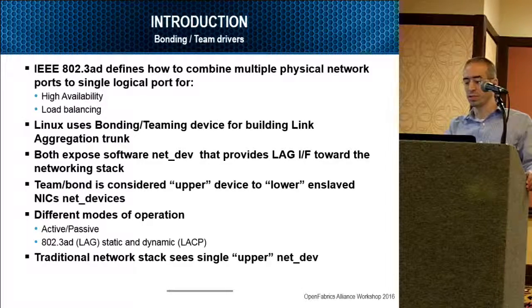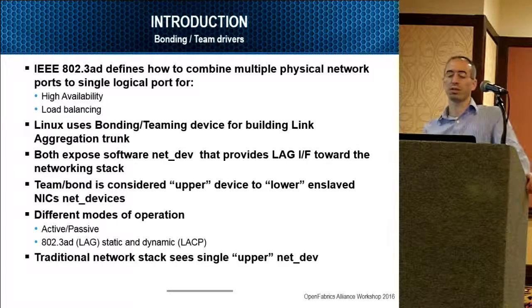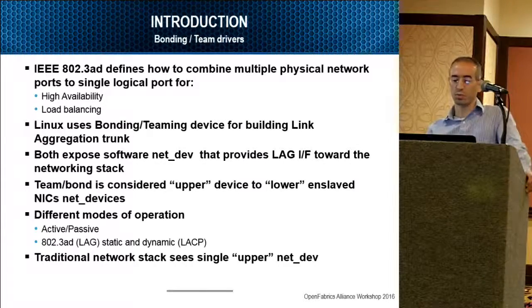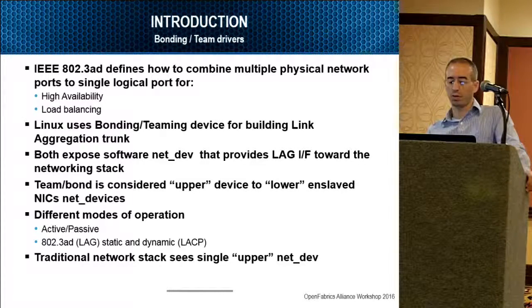The teaming device is considered the upper device, and the slaves are the lower devices, which are enslaved. Basically, what is exposed to the stack is the logical device. It has an IP address, it has transport properties, and the lower devices are basically left for merely physical port management. So you can do ethtool and stuff like that.